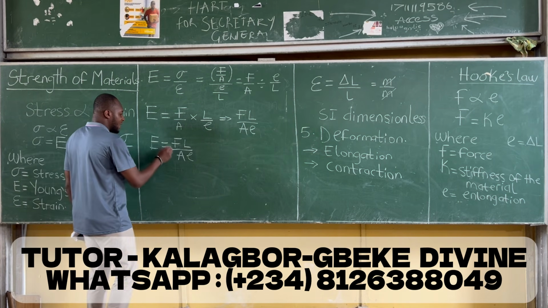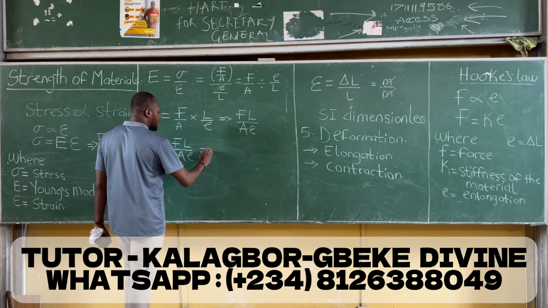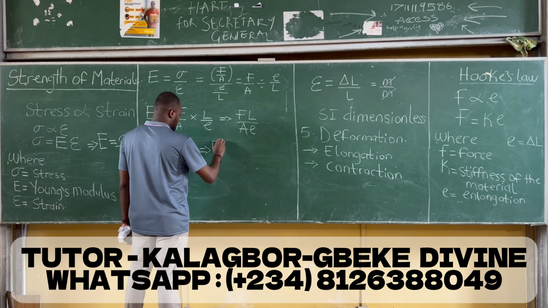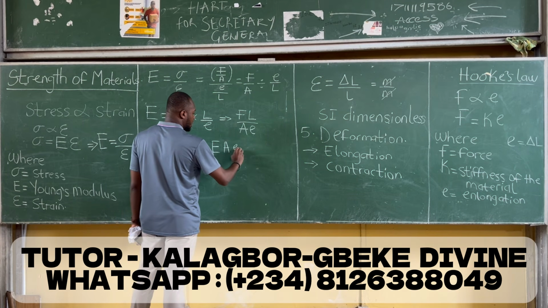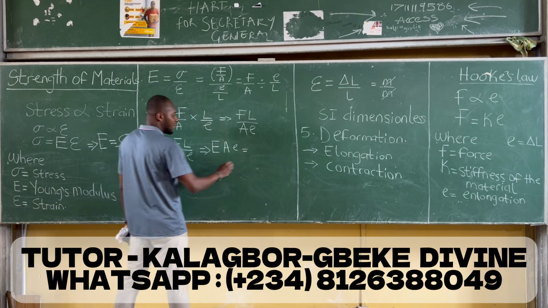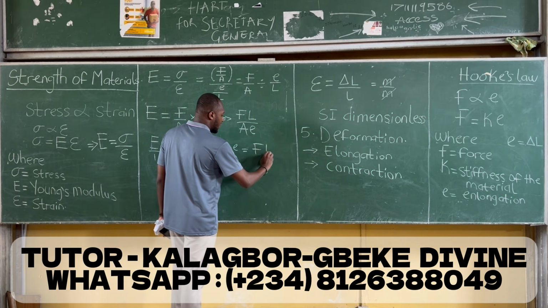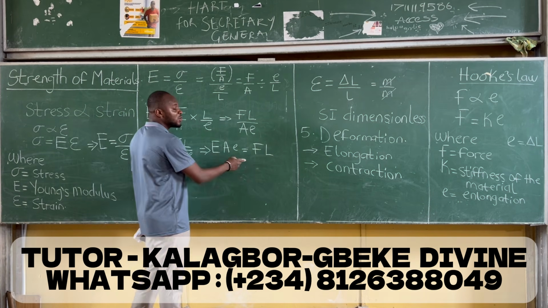So when we cross multiply, E will times AE to have EA, and E is equal to FL times 1 to have FL. Now, our mathematicians in the house, if we want to proceed, what do we do next?